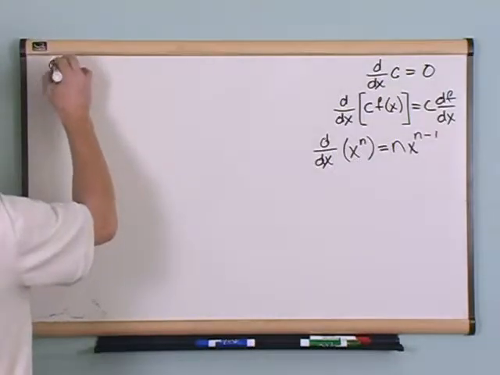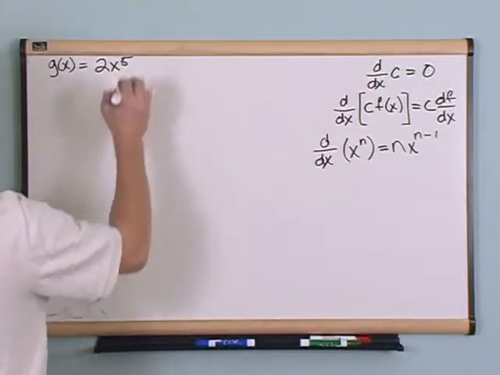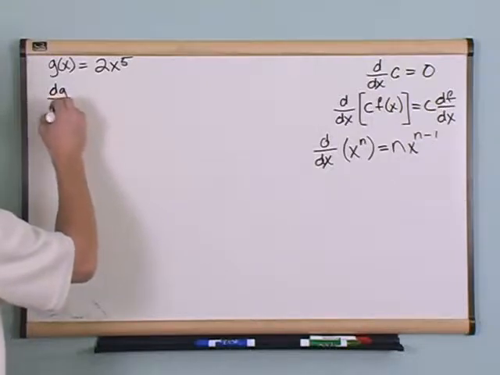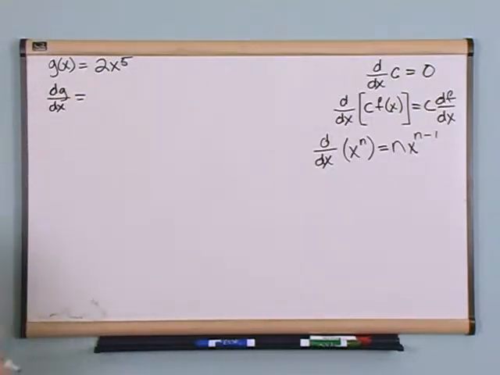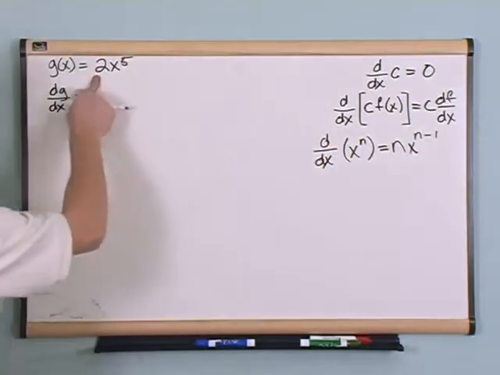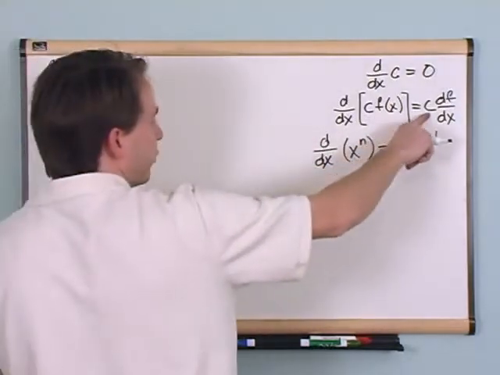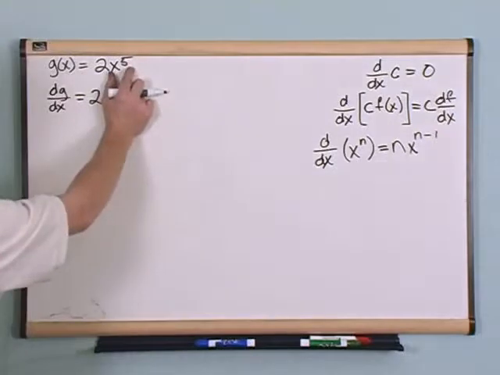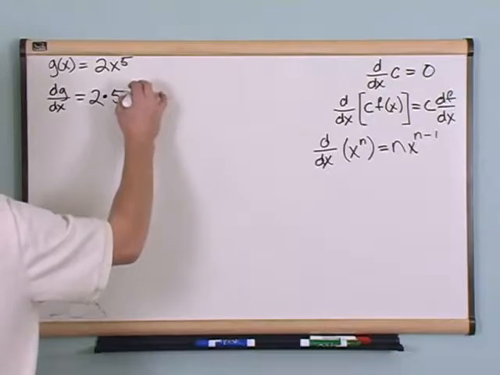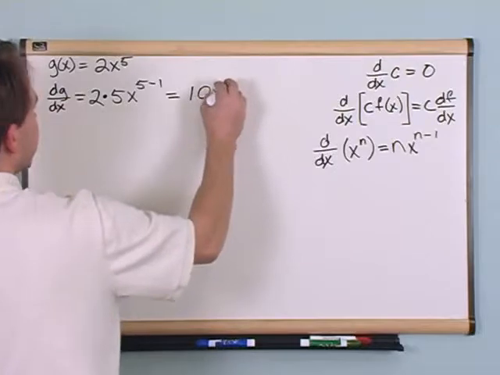But just to do a couple more quick examples, if g of x is equal to 2 times x to the 5 power, then dg dx, the derivative of g with respect to x, is going to be, using this first property, it's 2 times a function of x, so I just write 2 down, because I can pull the 2 out, and now I just take the derivative of this part, x to the 5. So it's going to be times 5 x to the 5 minus 1, which is 10x to the 4th.